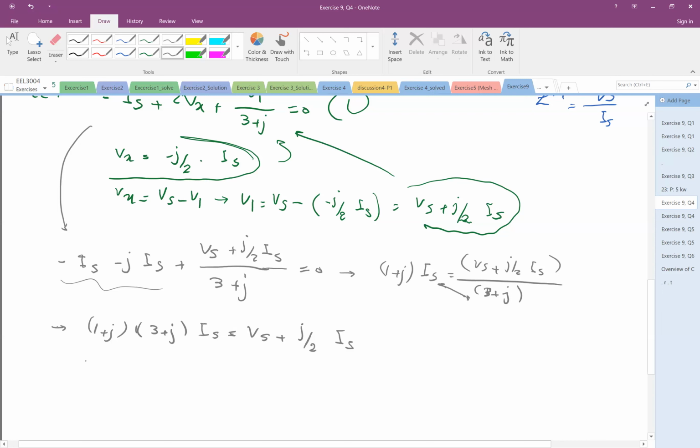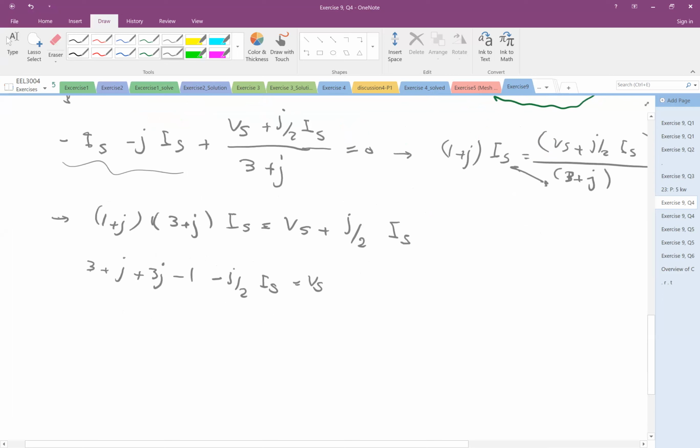Just multiply this: 3 plus J plus 3J plus J squared, which is -1. And let me also bring, this is times Is, right? And this is also Is. Let me bring it to the other side. Minus J over 2 Is equal to Vs. Very good.